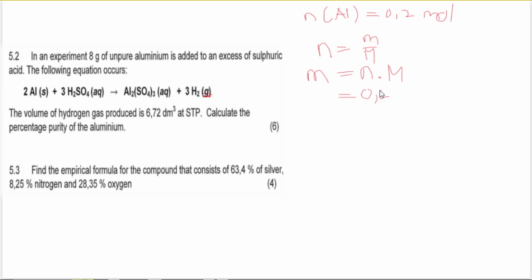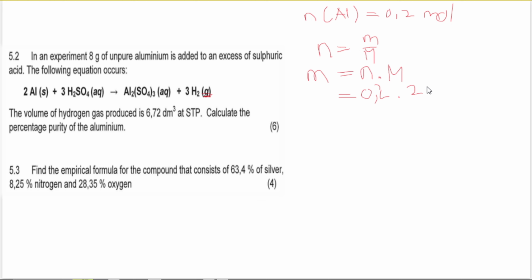0.2 times, okay, let me just get the molar mass of aluminium. Aluminium is in row 13, and that is 27 grams per mole.